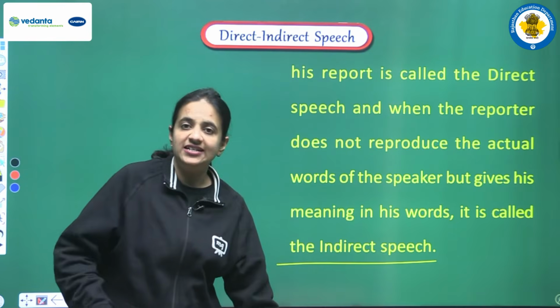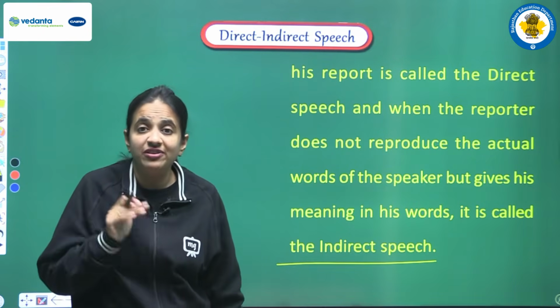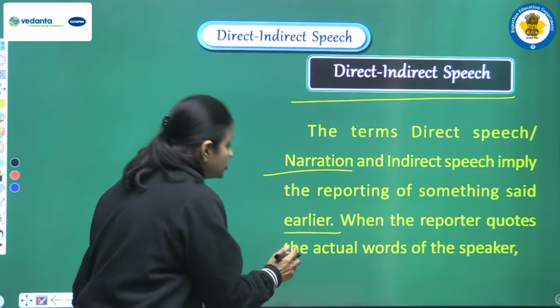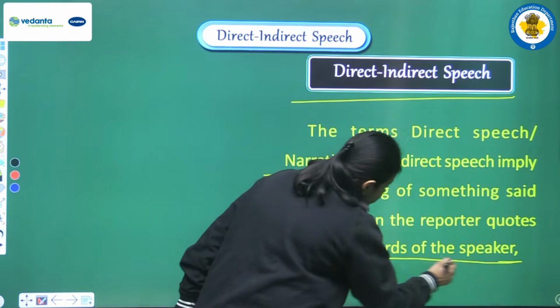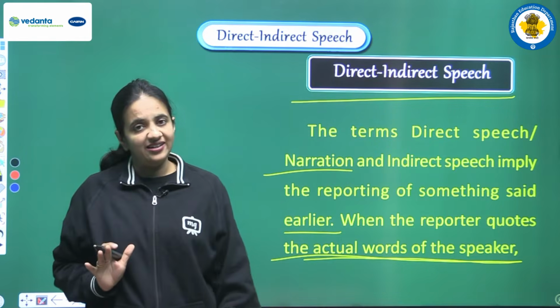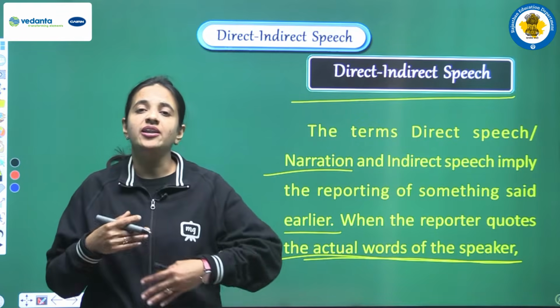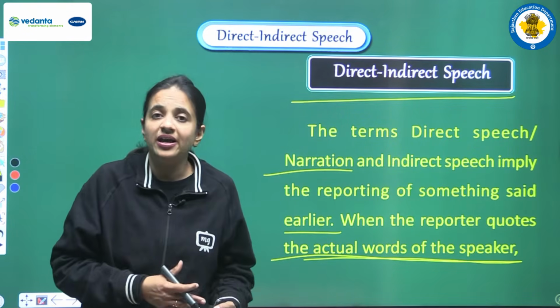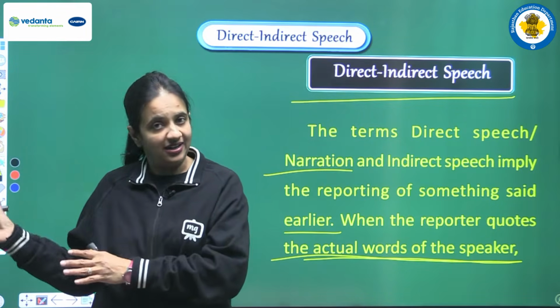So first of all, let's read one more time the definition of direct speech. When the reporter quotes the actual words of the speaker, it means that in direct and indirect speech we are repeating the words, we are repeating the statement that actually has been said earlier.